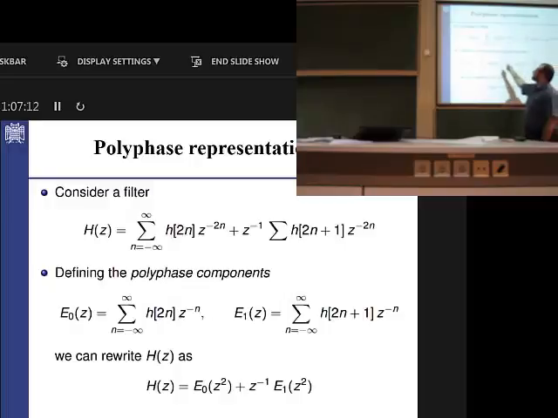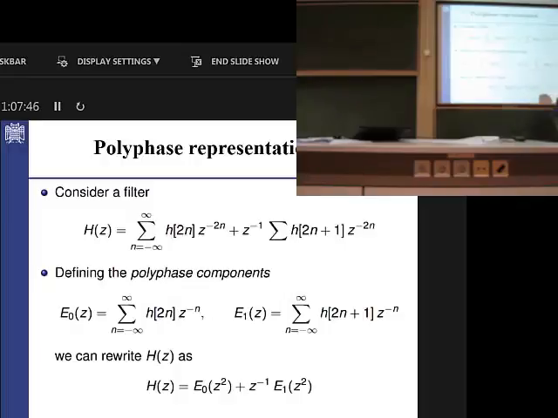If you write it down, spread and expand these polynomials, we get exactly the same thing for H(z), which is h0 plus h1 z^-1 plus h2 z^-2, and so on. So taking pairs of even taps and odd taps into different polynomials will give you this structure. This part we name E0, and this part we name E1. And we show H(z) like this.